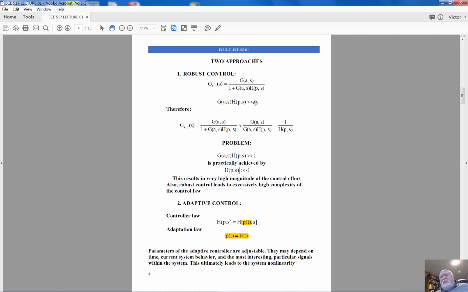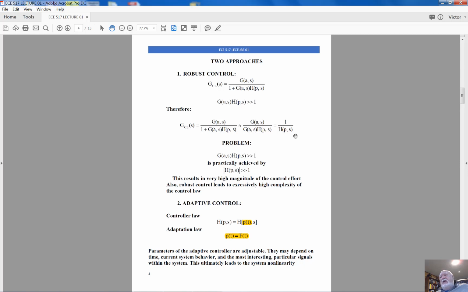This means that this 1 could be neglected in comparison with the product of G_A times H(S). If it is neglected, next we can perform cancellation. And the overall transfer function now is equal to 1 divided by the transfer function of the controller. Where is the control plant? It is not present there.